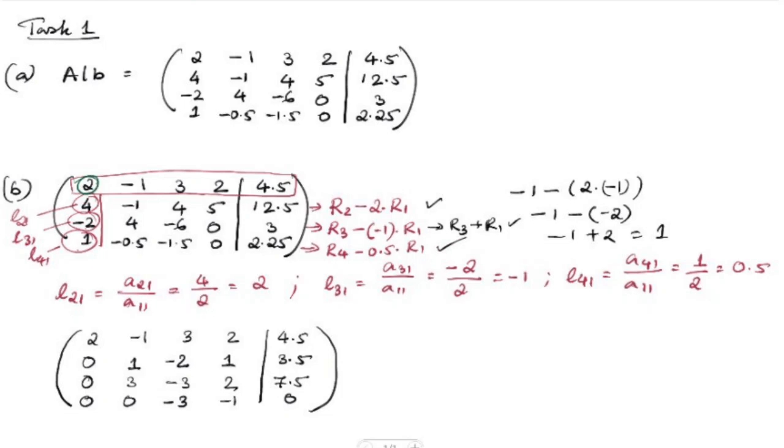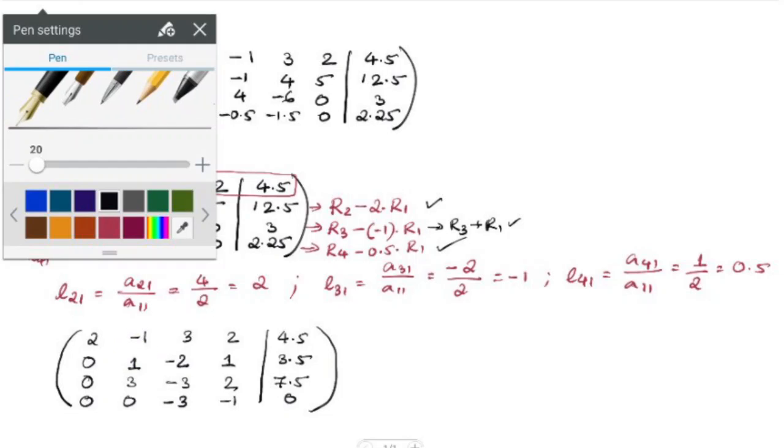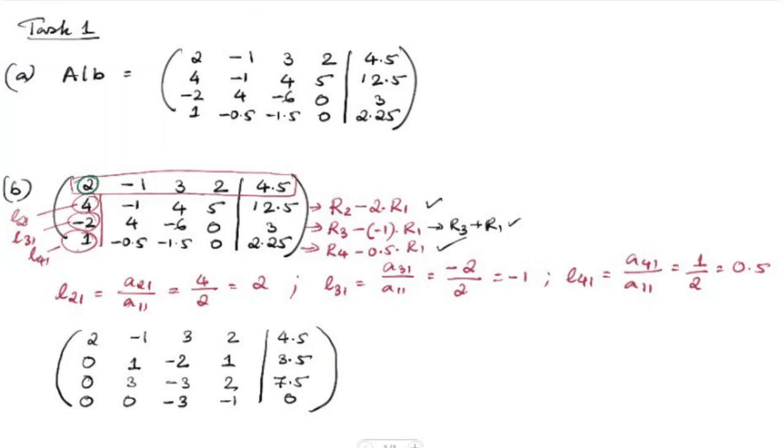So I'll erase this part. Okay, so now we'll work on our next step. First was freeze. What we already finished working with is the first row and the first column, so we don't change any more things in those two.